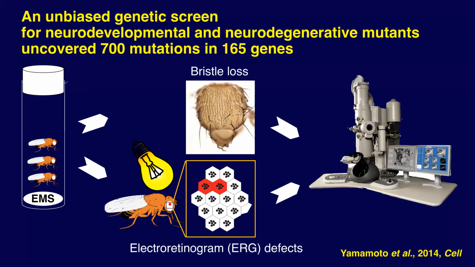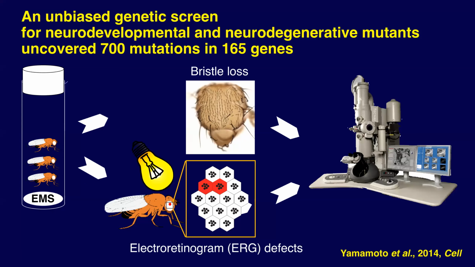The whole story started about 10 years ago when we embarked on a screen to identify homozygous lethal mutations in fruit flies and a screen for progressive degeneration, where we generated in the heterozygous flies that are shown at the bottom here, clones, and then shine light and recorded electroretinograms in young and old flies.